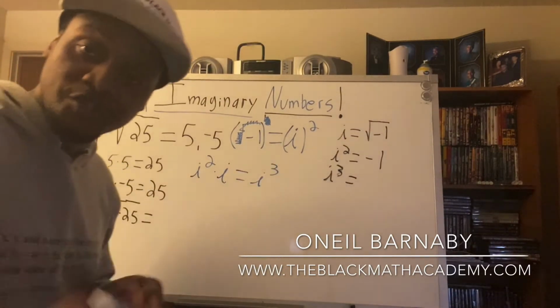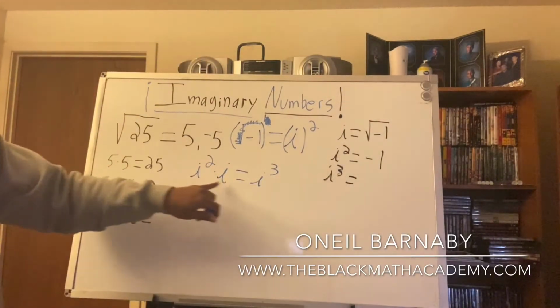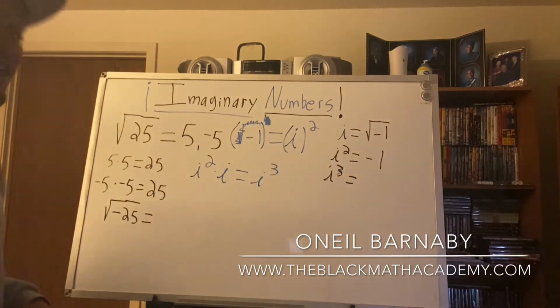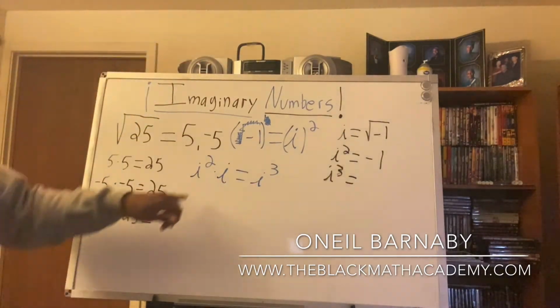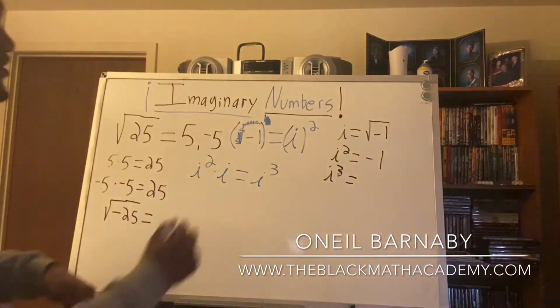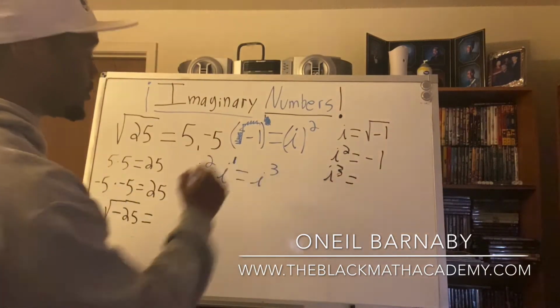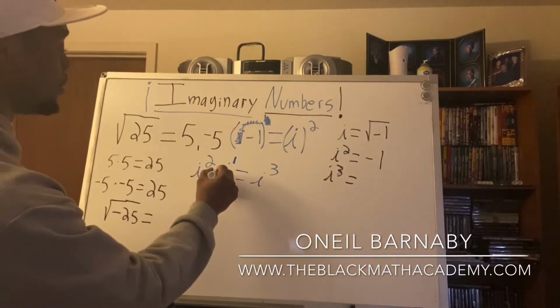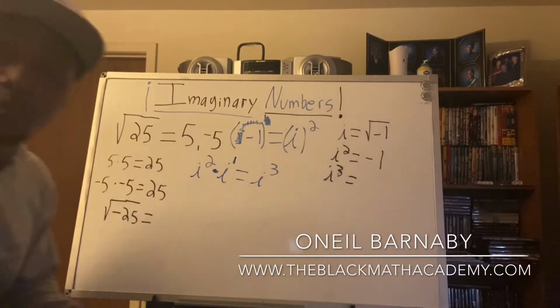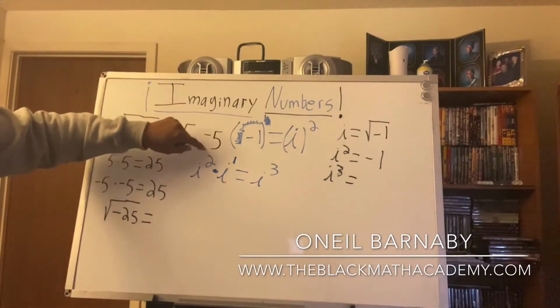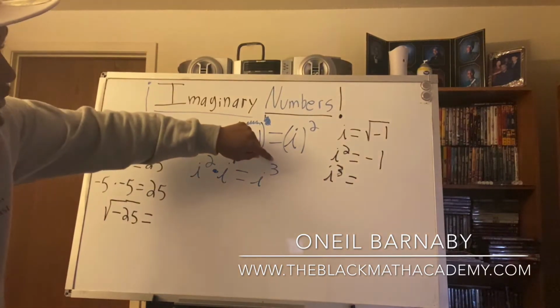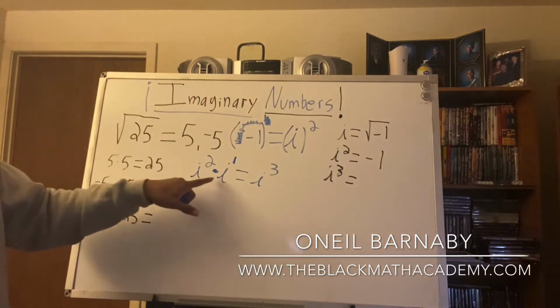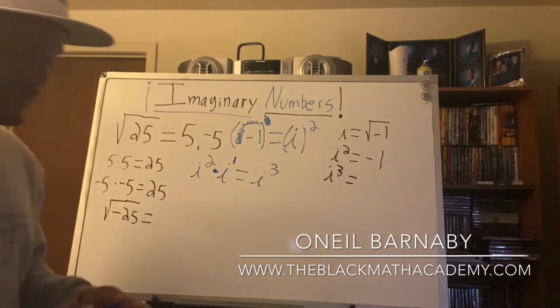From the rule when you're working with exponents, when you multiply powers with the same base, you add their powers. So this 2, and for this i, there's an imaginary 1 sitting above it. Because they both have the same base and you're multiplying these two values, we add their powers. So 2 plus 1 becomes 3. So i squared times i is i cubed.